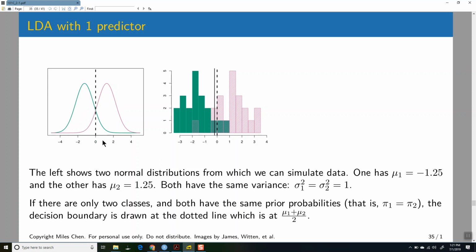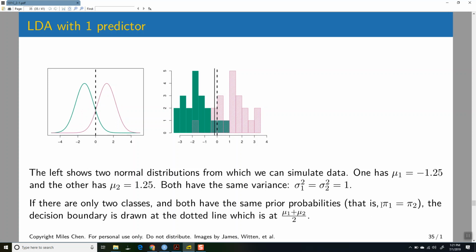And so if you have something like this, then the linear discriminant boundary is basically going to go right here in between the two. On this side of the dotted line, the probability of being in the green class is higher, right? The density function here is higher. And over on this side, the density function is higher for the pink, okay?